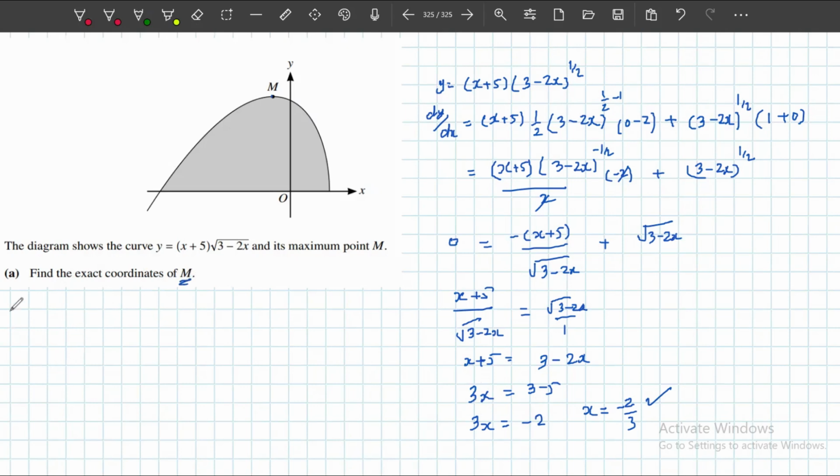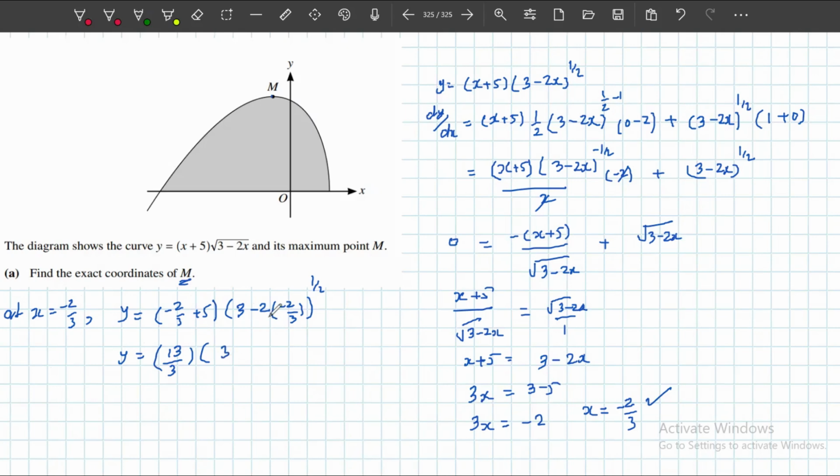So at x equal to minus 2 over 3, y is equal to (minus 2 over 3 plus 5) times square root of, or we can say, (3 minus 2 into minus 2 over 3) whole power 1 by 2. I will try to simplify. Here we have 5, 5 3s are 15, 15 minus 2, 13 over 3, bracket close.